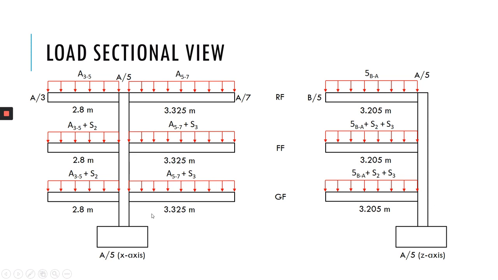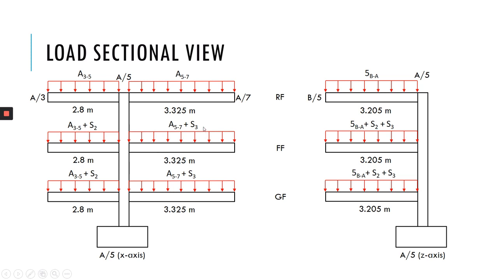So next we have to draw the load sectional view or action sectional view for each axis, X axis and also Z axis. So for the X axis here, okay, for the roof floor there is load from the beam and also load from the roof. So for the first floor is load from the beam and also load from slab 2.